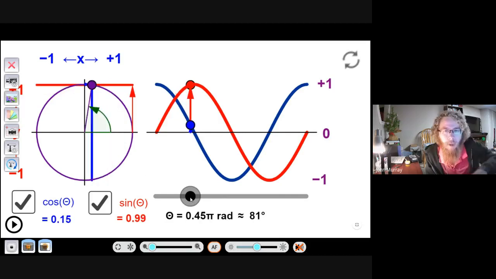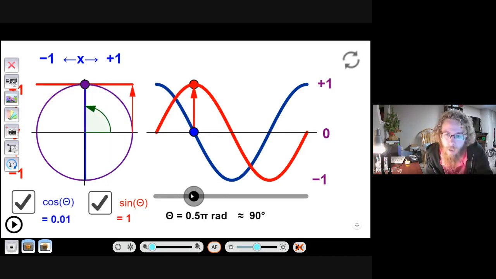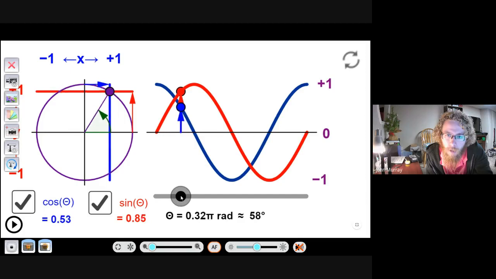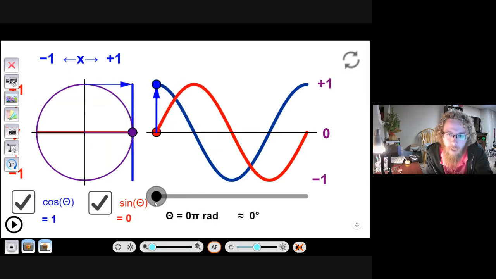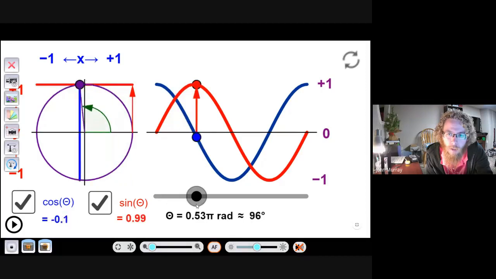As you turn here, you can even see the angle forming, right? And it tells you, right here, I'm at 90 degrees or pi over 2 radians. And it shows you the values as they're moving along.